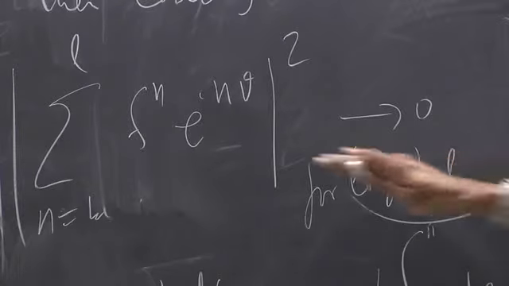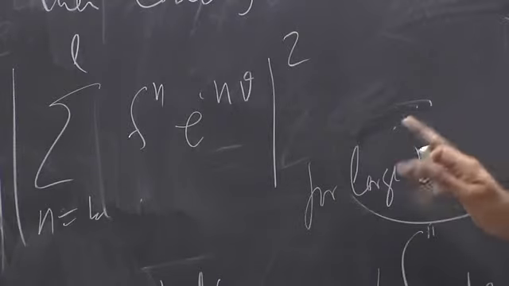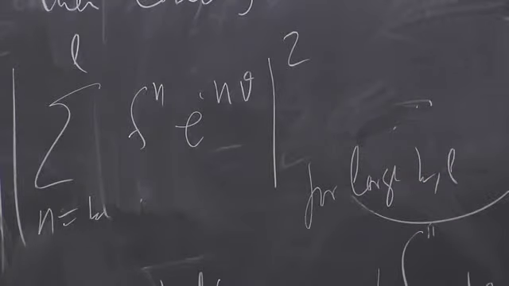Okay, so let's look at this. What is this quantity? We want to show that this goes to 0, but let's see what it is.